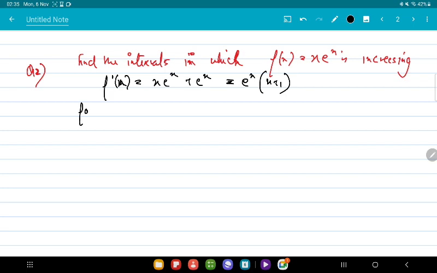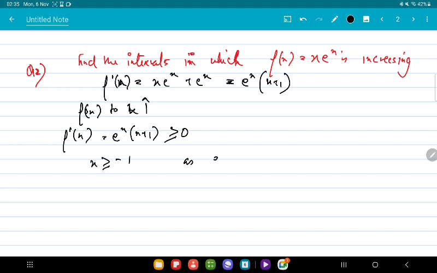And for f(x) to be increasing, we put f dash of x, e to the power x times (x plus 1), greater than or equal to 0. Here, e to the power x is an exponential function which is always greater than 0. Therefore your required interval will be minus 1 to infinity.